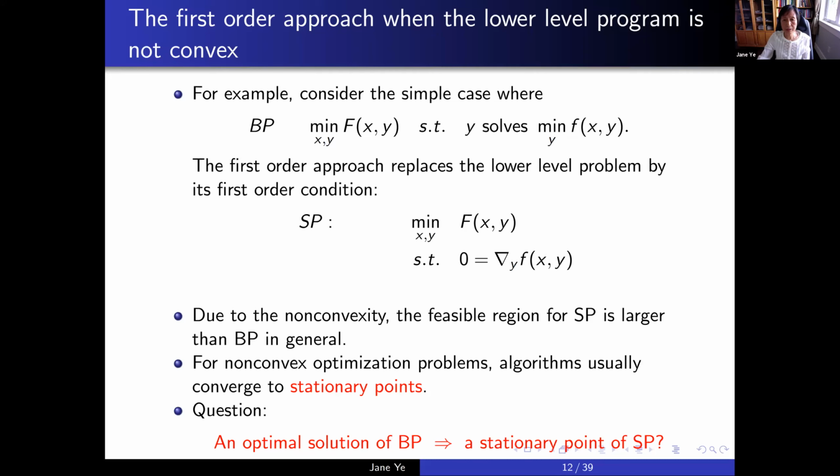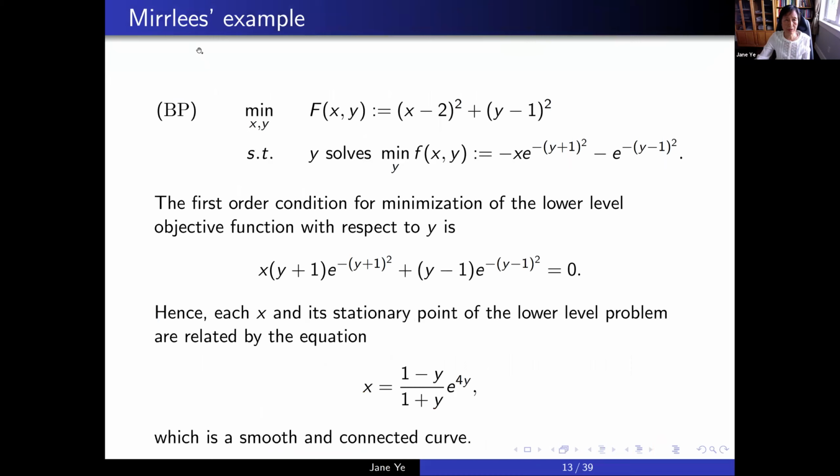So here we look at an example from Mirrlees. If you look at the lower level objective, it's a non-convex function given x.